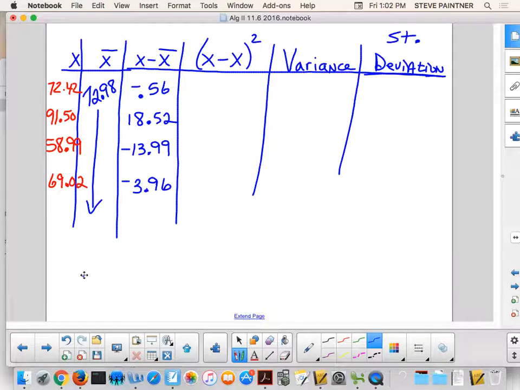This next step is crucial that you give me the exact numbers. So what are they? Square. 0.31, 3, 1, 3, 6. It's 3 1 4 3 1 3 6.